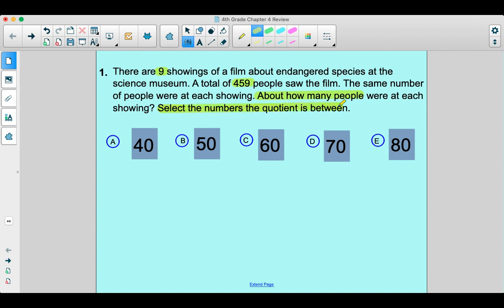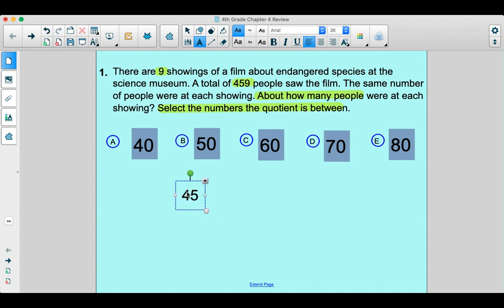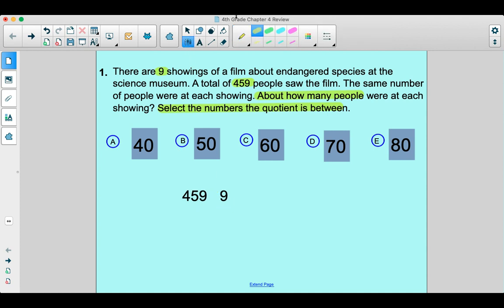So we actually have to select 2 numbers because we want to know what the quotient is going to be between. Okay, so let's think about this. We've got 459 divided by 9, and we're going to try to figure out what that quotient might be between.